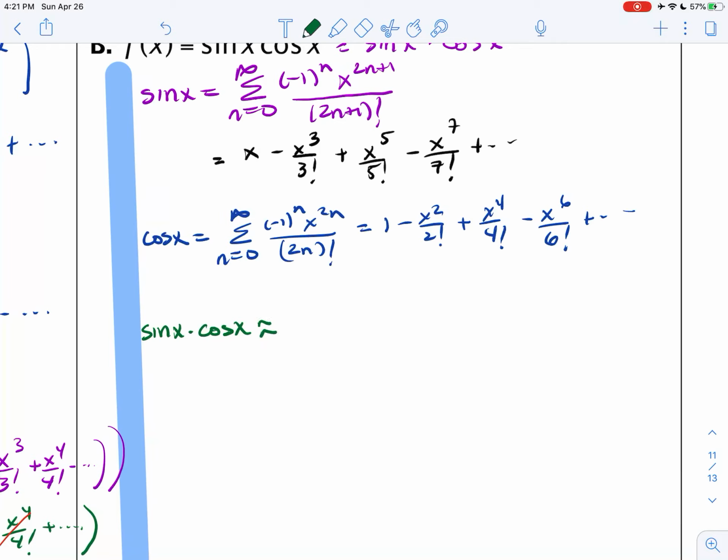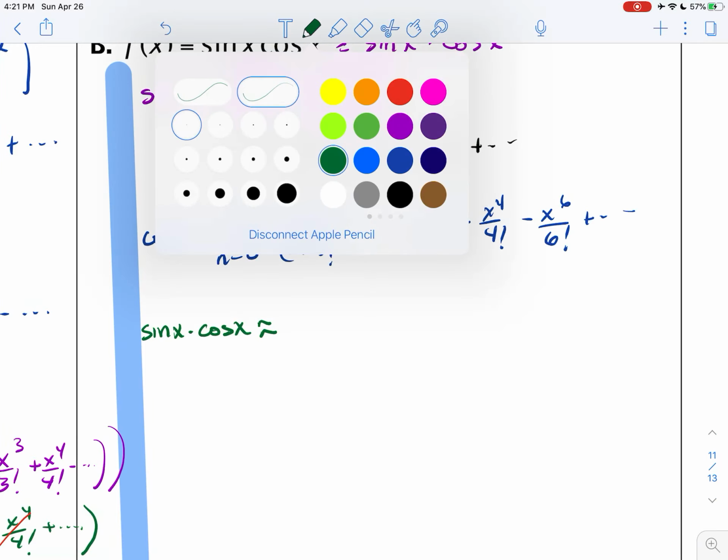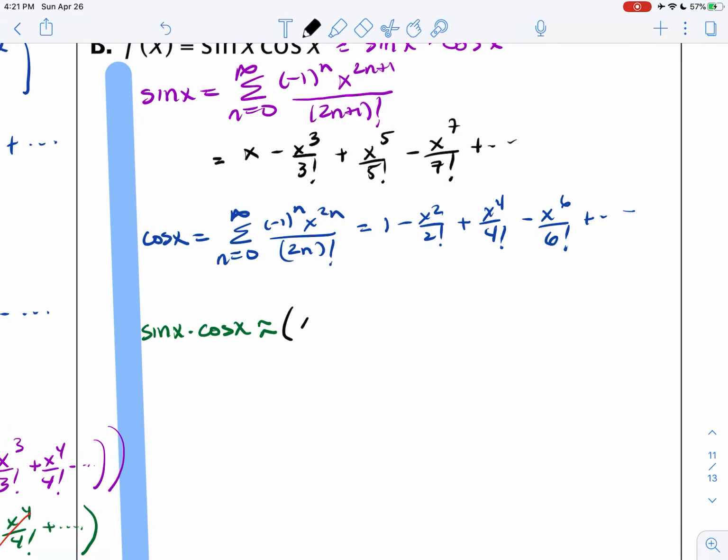Well, we kind of want to make an estimate, and since we don't really want to overdo this, just to demonstrate the idea, I'm just going to use a couple of the terms.